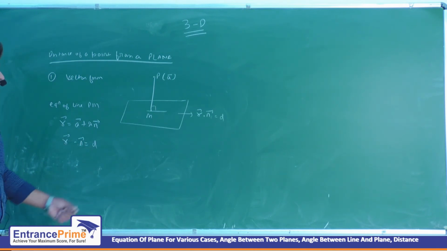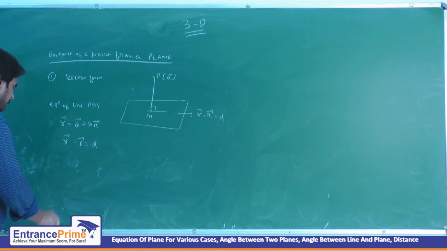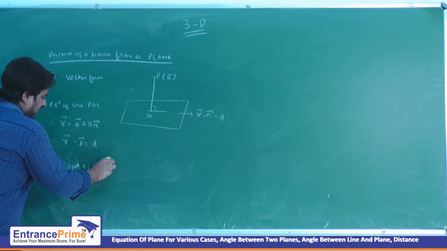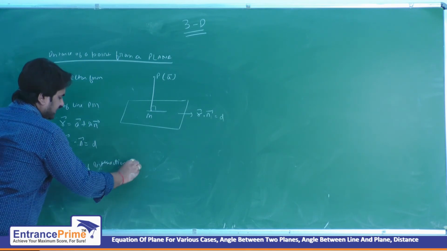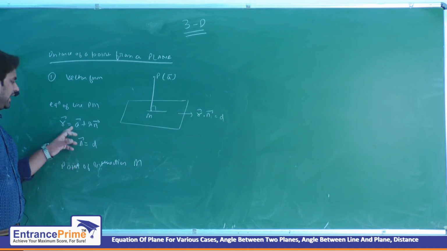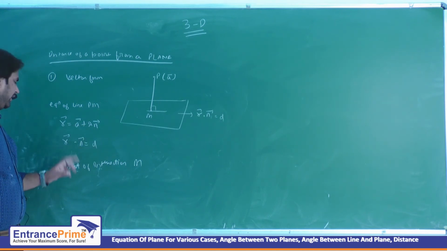Now we have to find the point of intersection, that is M. I want to find the point of intersection M. अगर आपको M को फाइंड करना है तो दोनों इक्वेशन को सॉल्व करना पड़ेगा. I am putting r is equal to a plus lambda n in this equation.